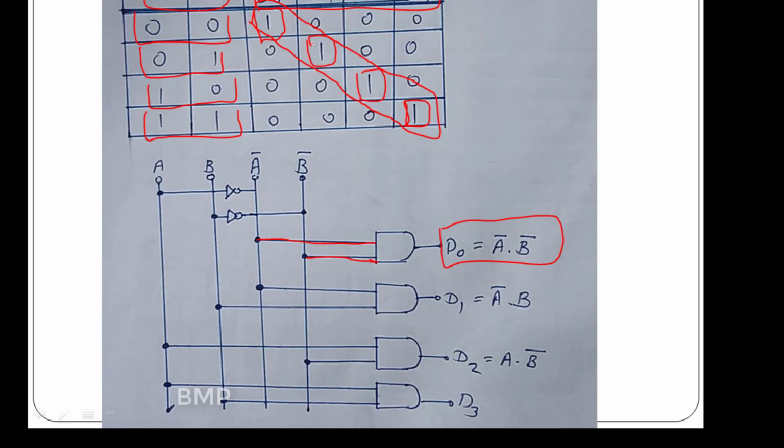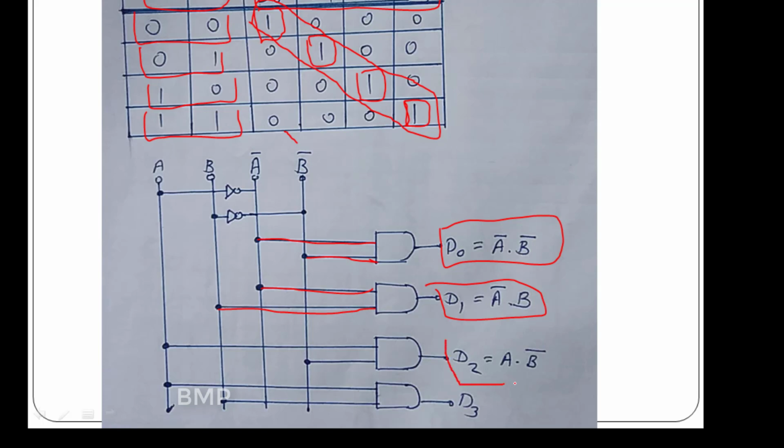For D1, the logic will be A bar dot B. So this is A bar and B.